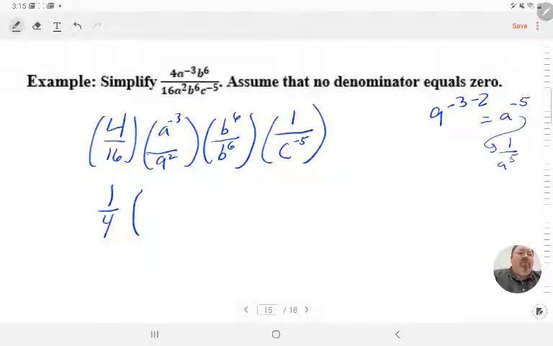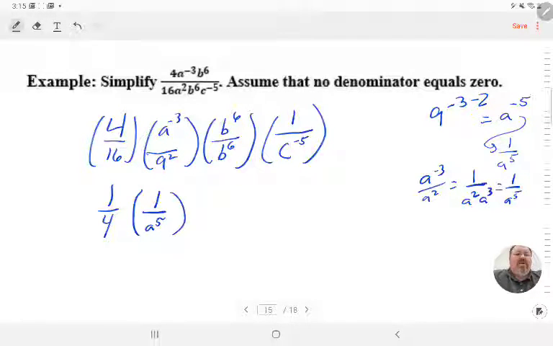That's one way that I could do it. The other way is I could just do the reciprocal, and so a to the negative third power over a to the second power would be 1 over a to the second power, a to the third power, which would give me 1 over a to the fifth power. Okay? So either way would work. So that's 1 over a to the fifth power.